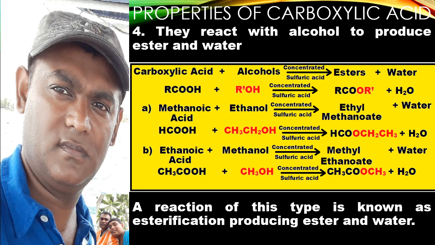It turns out to be methyl ethanoate plus water. Therefore, the ethanoic acid in black reacts with the methanol in red, CH3OH, producing methyl ethanoate. And the OH group from the ethanoic acid reacts with the H from the methanol to produce water.